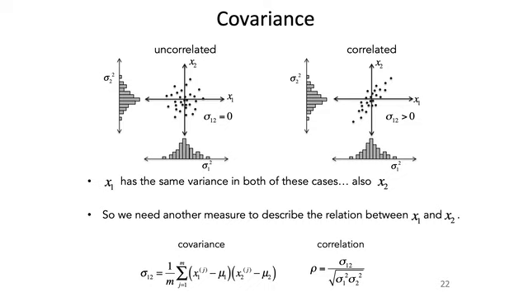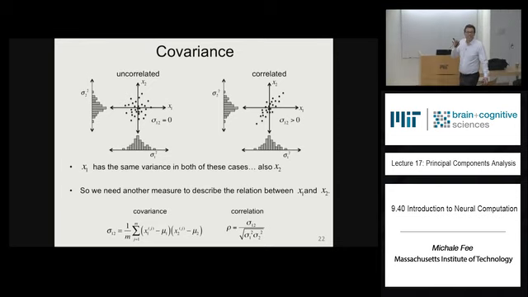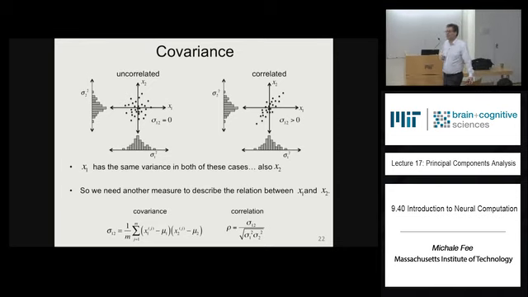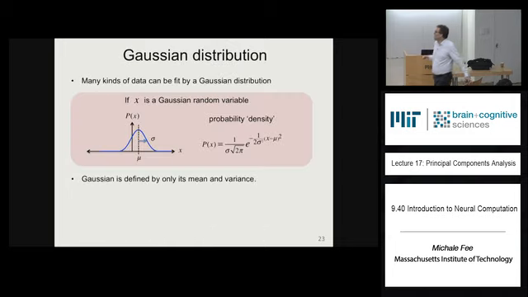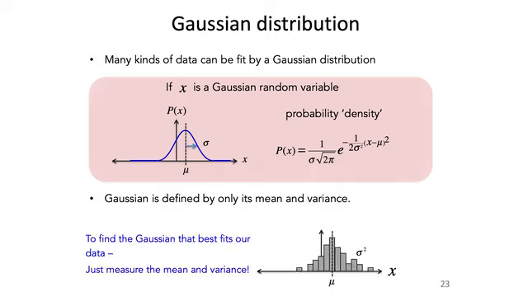So if you have data, a bunch of observations, you can very easily fit those data to a Gaussian, okay? And you do that simply by measuring the mean and variance of your data, and that turns out to be the best fit to a Gaussian.